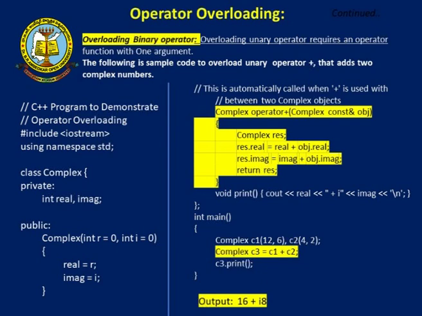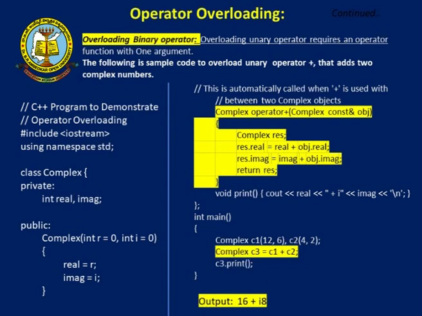That means here it is going to be applied on two complex type objects. See, in the main method you can observe this. Here C1 and C2 are the two complex type objects, and they are automatically initialized to 12, 6 and 4, 2 respectively.